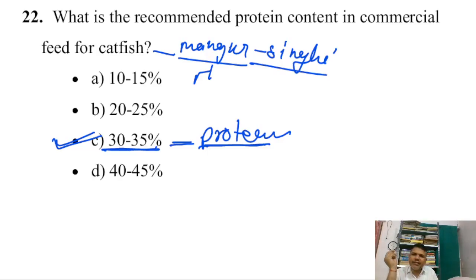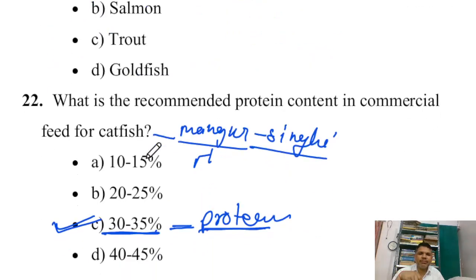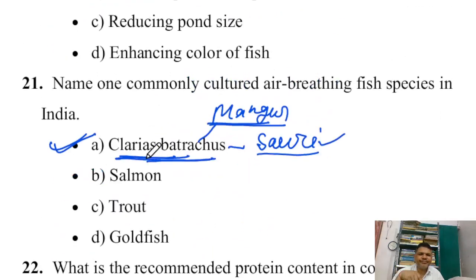Besides their feeding on the natural food present in the pond, we have to provide them some external food, that is artificial or commercial food. We also call it supplementary food. So the protein content in commercial food is 30 to 35%.